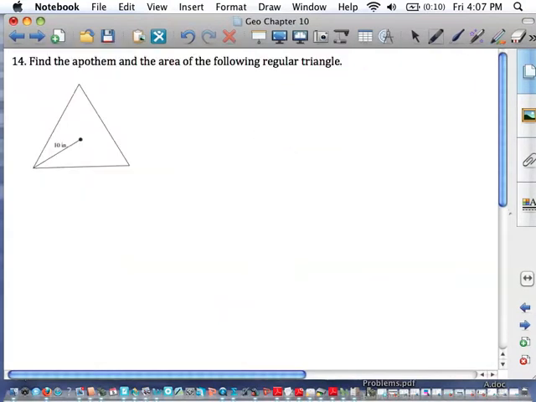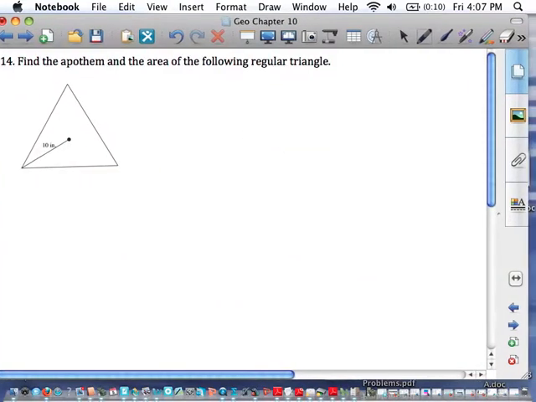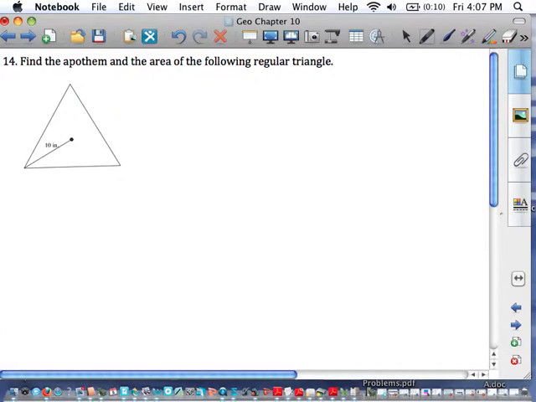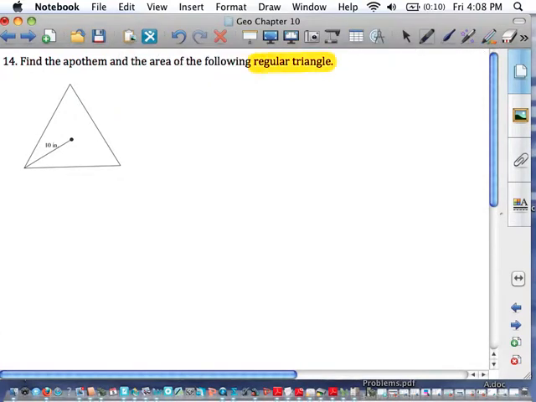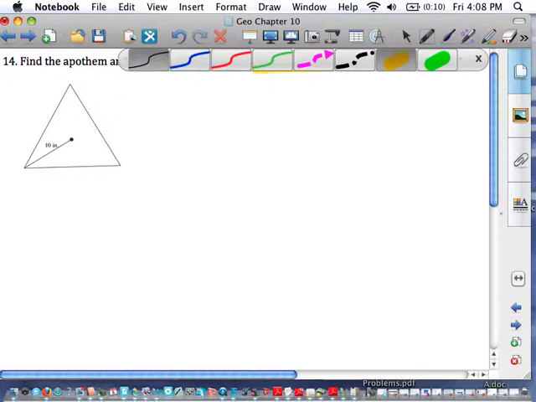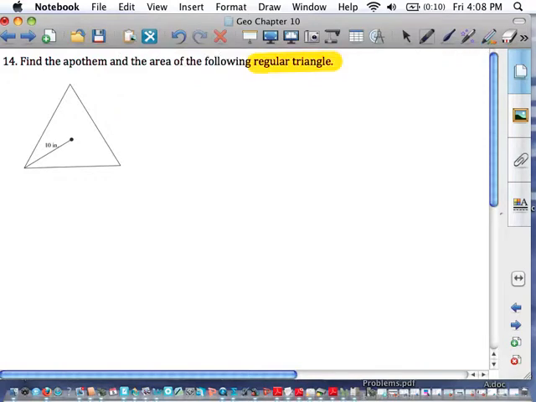Number 14, and these are a little tougher to look at. These are regular triangles, which means that all of the sides are equal, all of the angles are equal. So when you look at this, now you've been given the length of the radius.